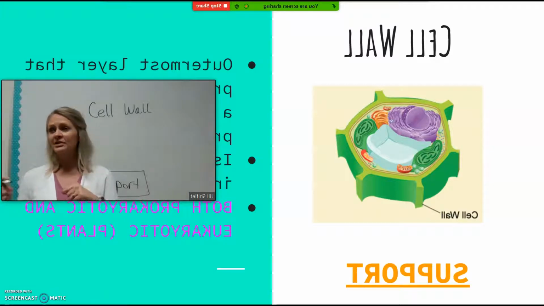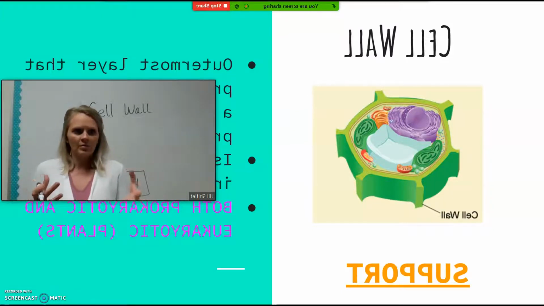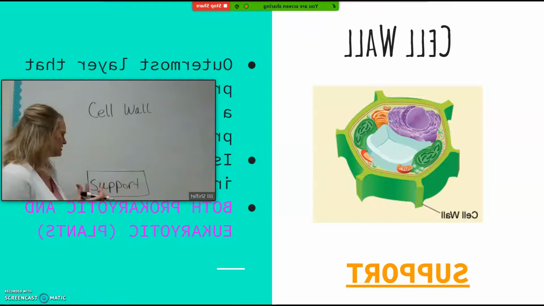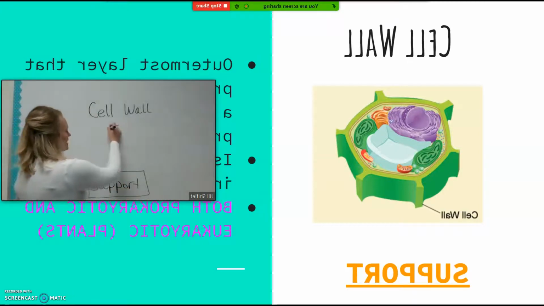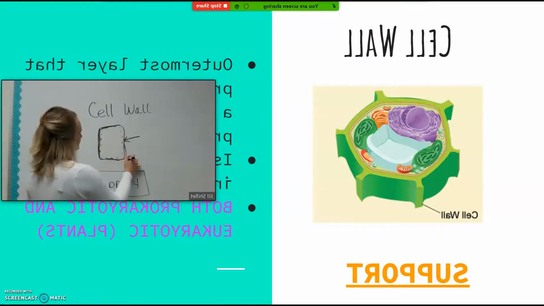Prokaryotic cells, our bacteria cells, all have a cell wall because they're all by themselves. They don't have anything else to support them, any other kind of protection. So they all have a cell wall. For a cell wall, you can draw however you want to draw it. I'm going to draw a plant cell. The dotted line is my cell membrane because everything has a cell membrane. But this extra strong layer on the outside, that's my cell wall.